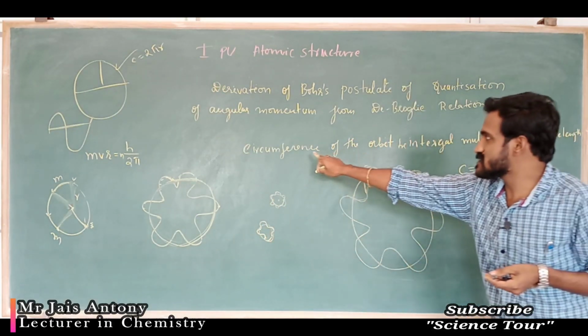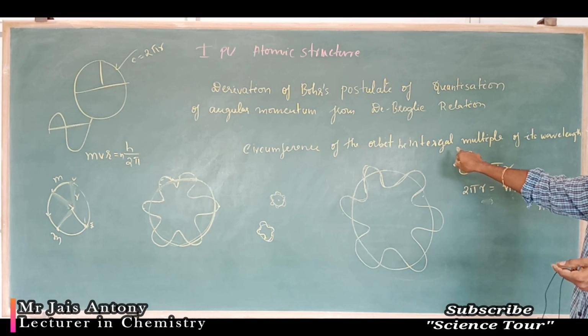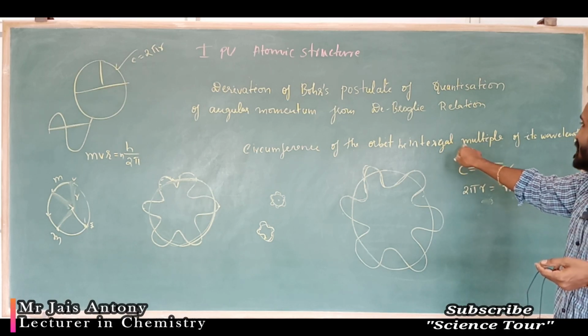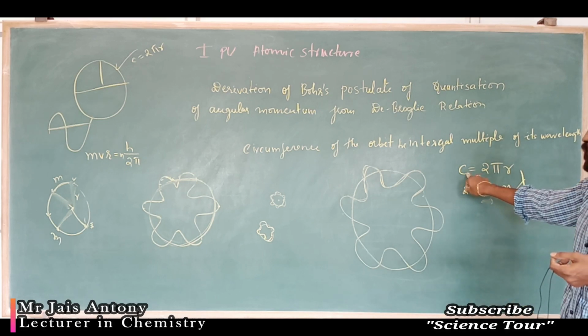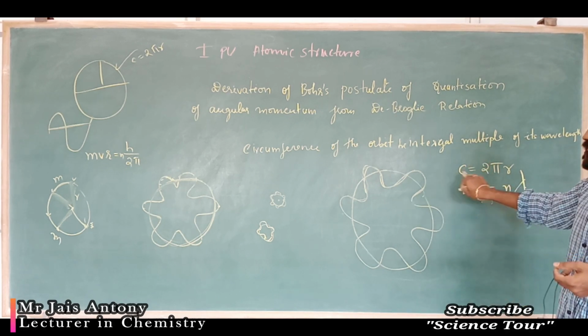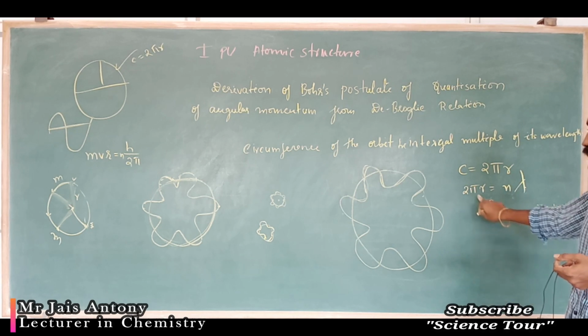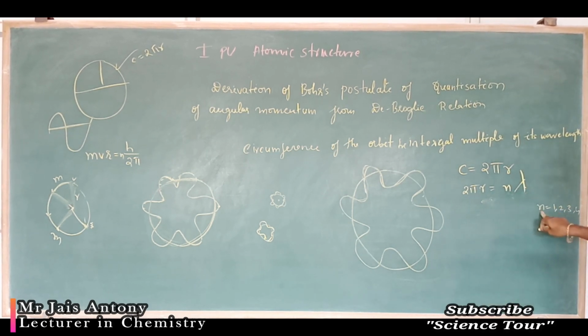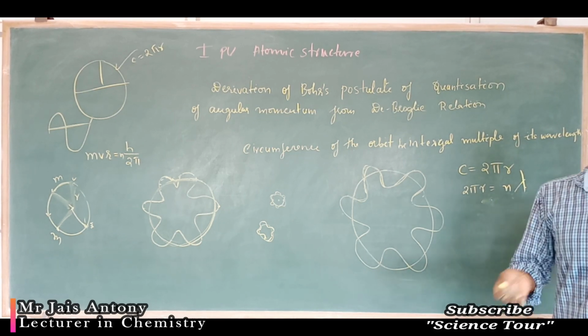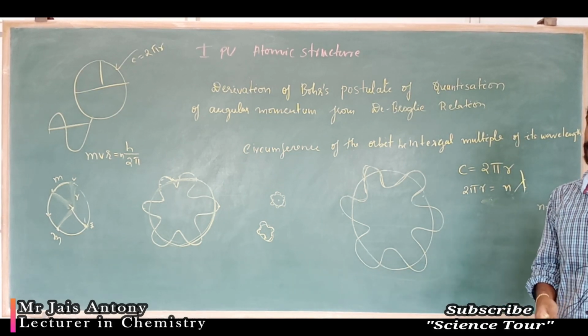Wavelength. So it is given that circumference of the orbit be an integral multiple of its wavelength. So circumference formula derived from mathematical formula C is equal to 2 pi r, and 2 pi r depends on what? Integral multiple of wavelength. n is equal to 1, 2, 3, 4. Clear?